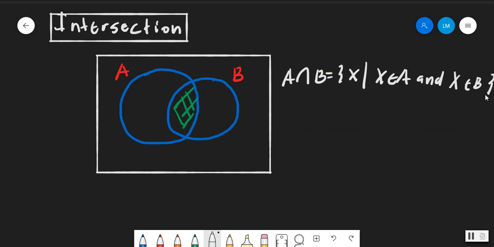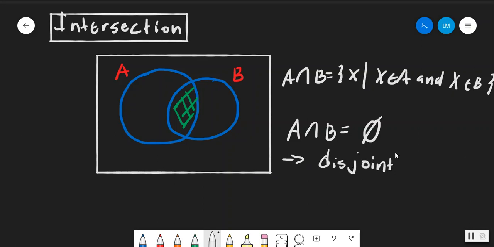Now, one thing to note is that sets can be empty. So if we have that A intersect B is equal to the empty set, this just means that the sets are disjoint. Now, another term for that is mutually exclusive, which basically means that they have nothing in common.